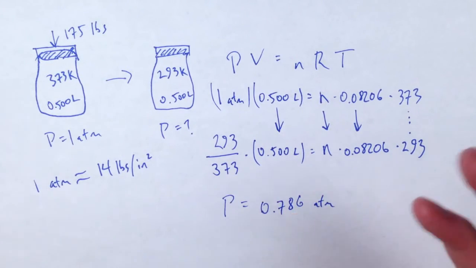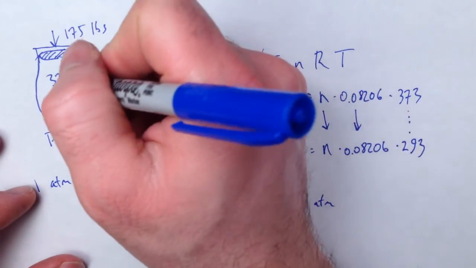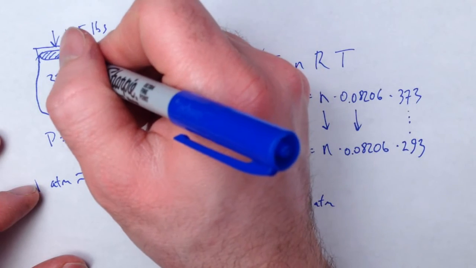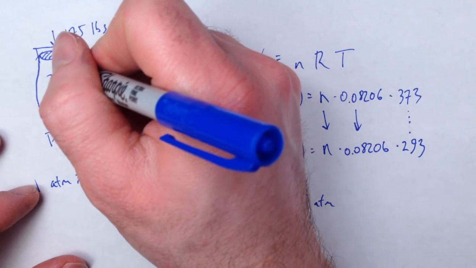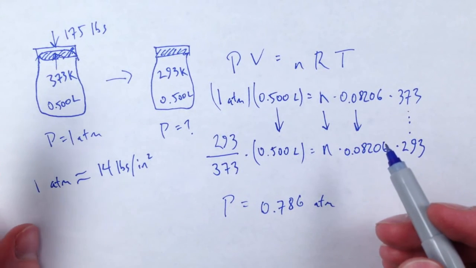You probably know someone who weighs that much. Them standing on that jar lid, that's how much force the air is putting on it. Why doesn't the jar collapse? Well, because there's air inside also. So there's 175 pounds pressing down from the top, but there's also 175 pounds pushing up from underneath until it cools down.